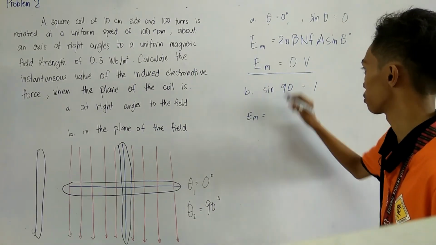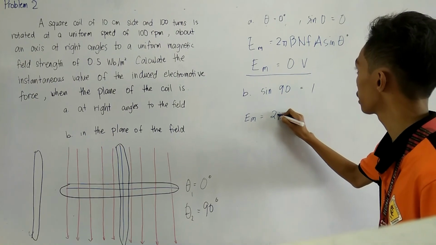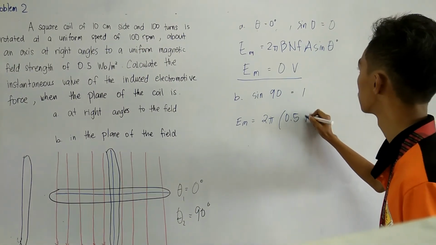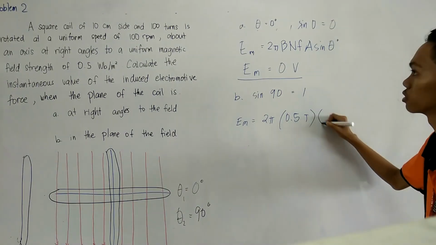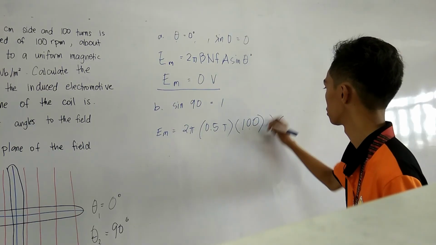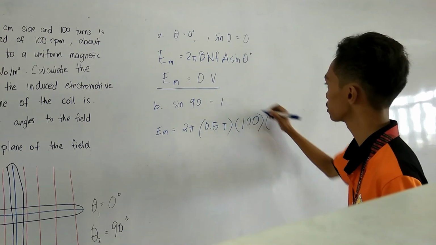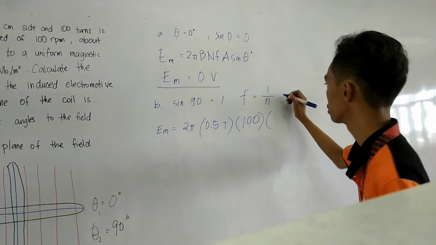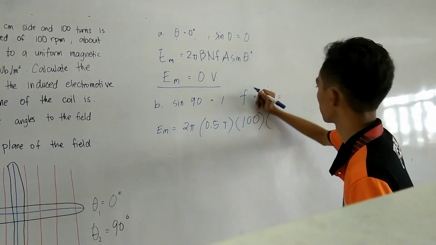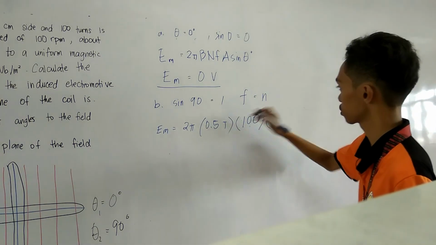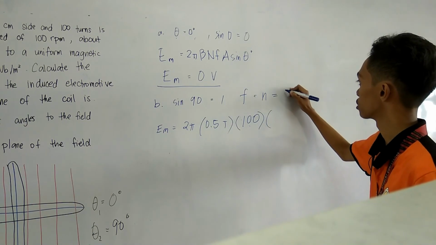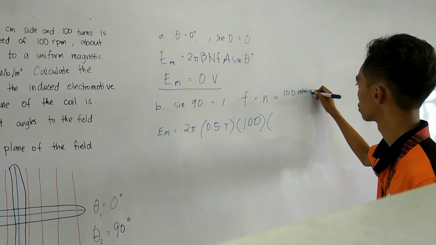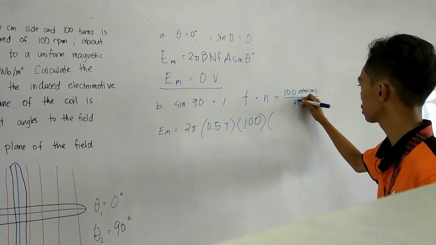directly substituting into the formula, that's 2 pi times 0.05 Tesla or Webers per square meter, times 100 turns, times F, where F is equal to N, or 100 rotations per 60 seconds.